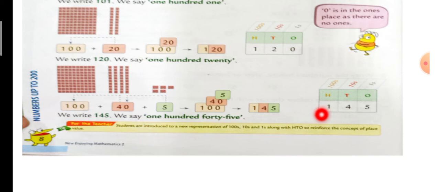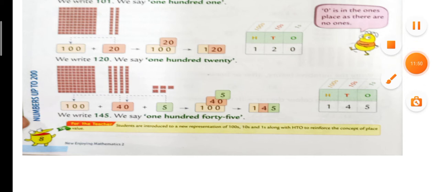Then how many tens? 4 tens. So I go to tens place and I write only 4 over here. Then how many ones? I check over here and I write 5. So now I have built a number that is 145. Okay, fine.